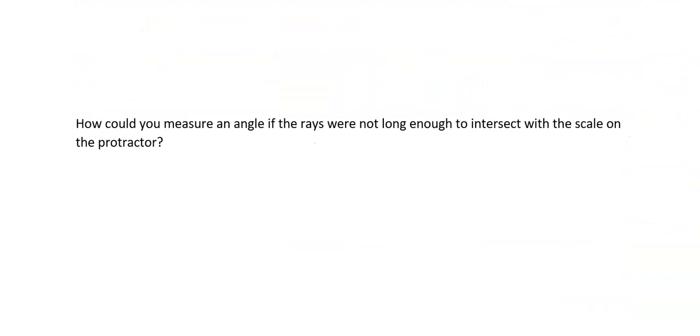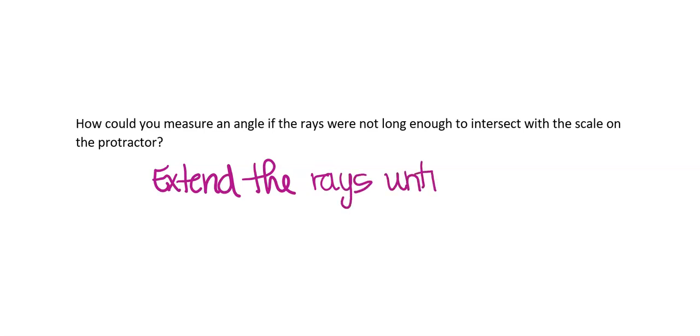How could you measure an angle if the rays were not long enough to intersect with the scale on the protractor? Extend the lines. Or I shouldn't say lines, I should say rays, until it intersects the protractor.